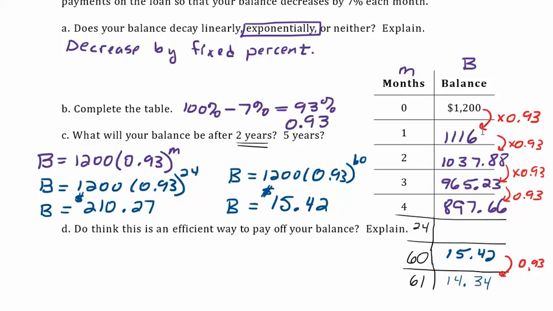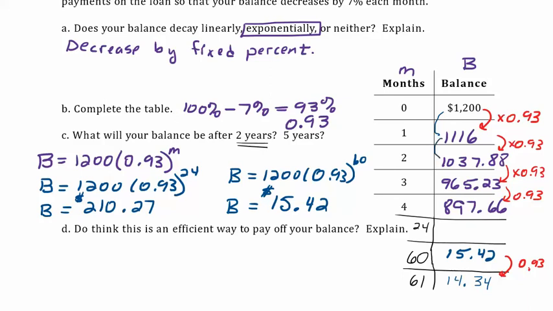Remember, you're taking 93% of a progressively smaller and smaller number, so you're really paying off a smaller and smaller amount each month. And you could see that by subtracting these two numbers right here. If I subtracted these two numbers, I'd have about $84, so that would be a payment of $84.